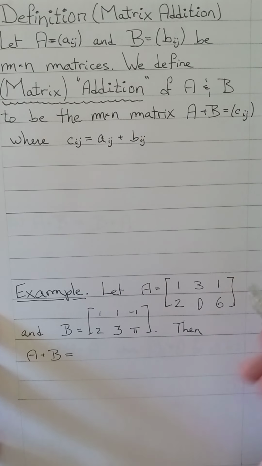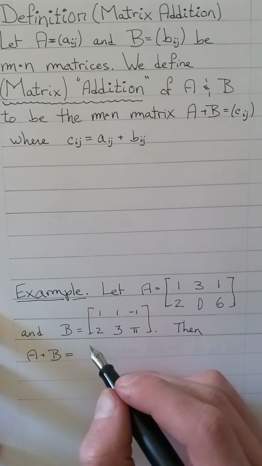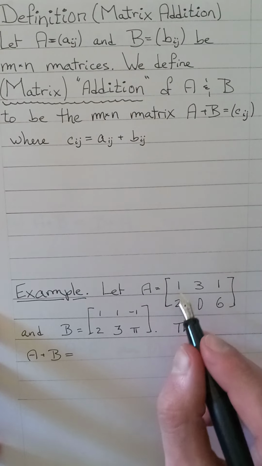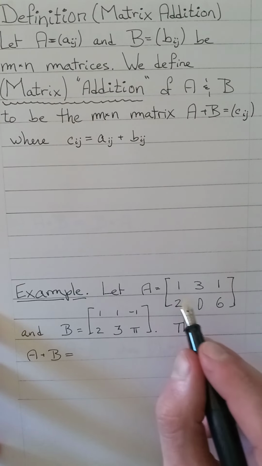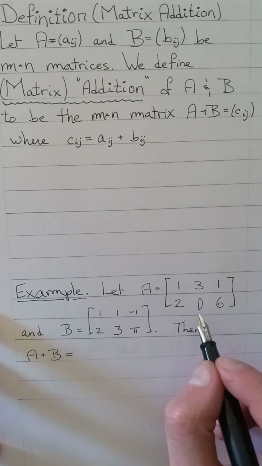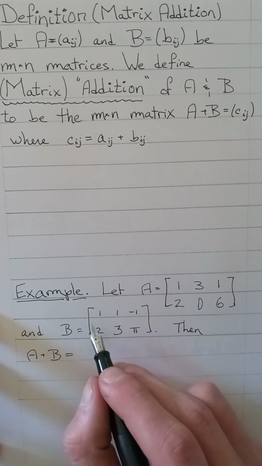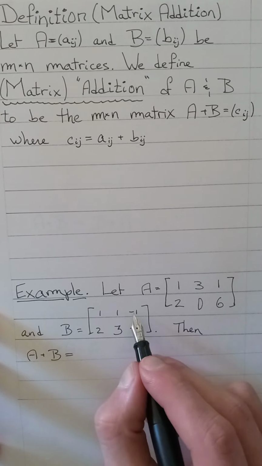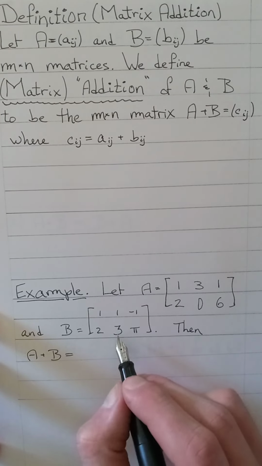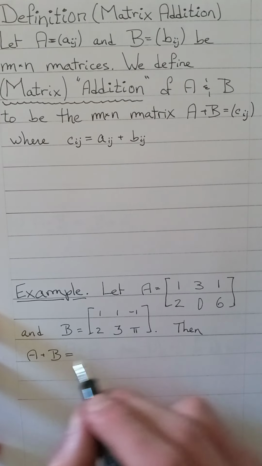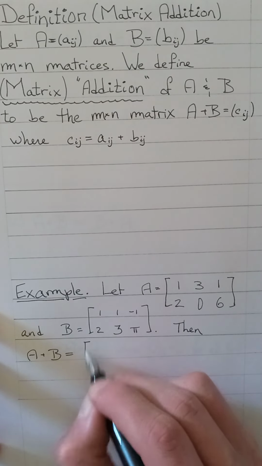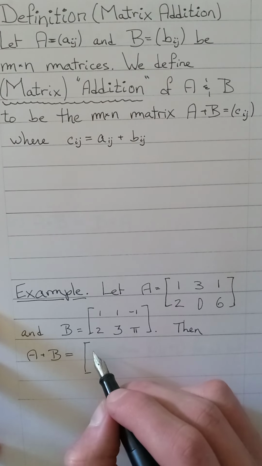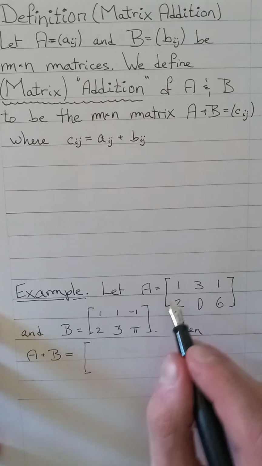Now, let's see an example of this. If we have A be a height by width 2 by 3 matrix, 1, 3, 1 in the first row, 2, 0, 6 in the second row, and B is a 2 by 3 matrix, 1, 1, minus 1 in the first row, 2, 3, pi in the second row, then A plus B is equal to, let's see, well, the first component in the first row is 1 plus 1.